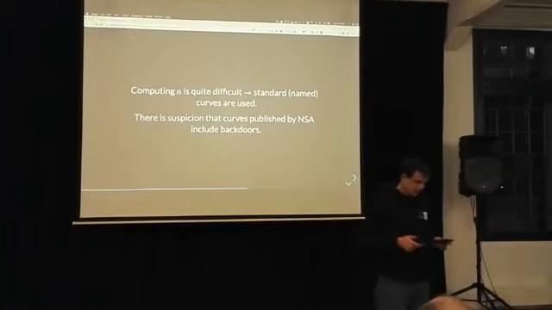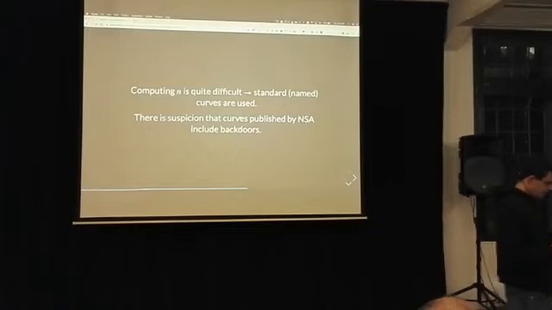Also, for the P curve standardized by the NSA, the coefficients are chosen using really weird seeds, like BD713447999D5, etc. They're just completely random looking. Well, that's the thing. They're not really random, right? So oftentimes when you want to prove that something is really random, you pick a sequence of numbers that is very natural.